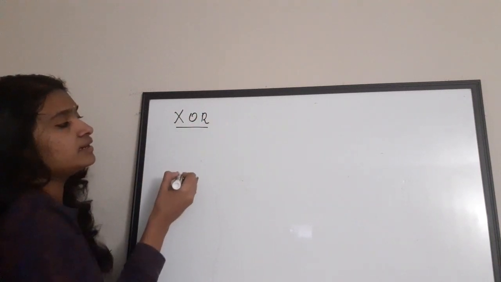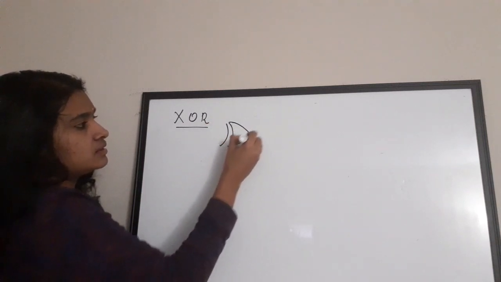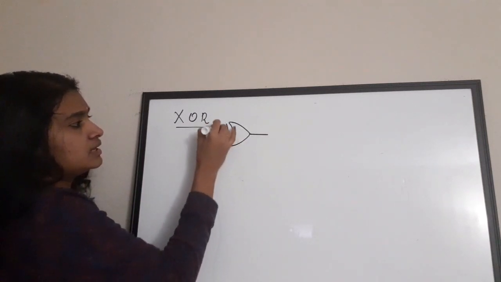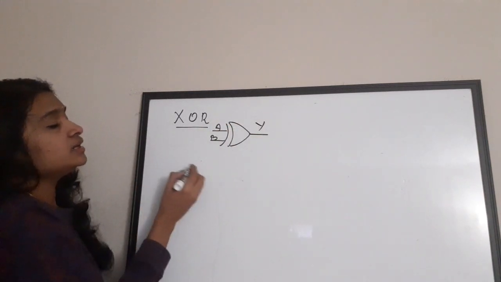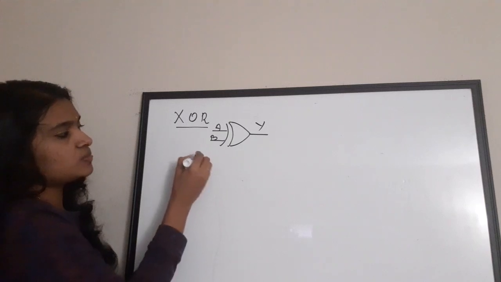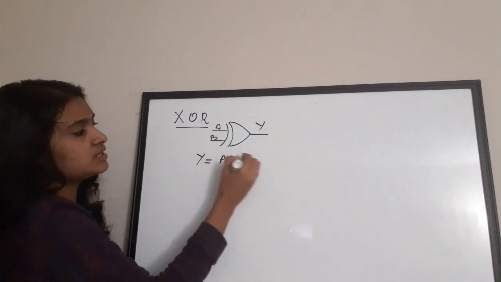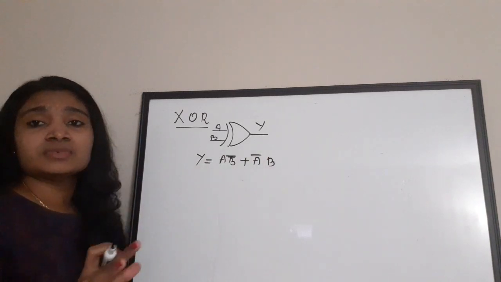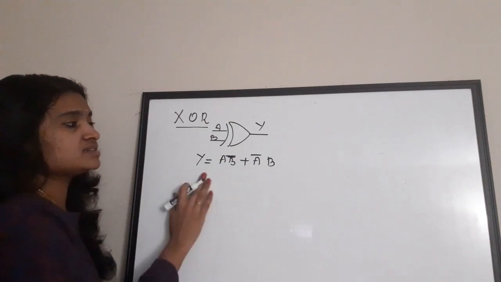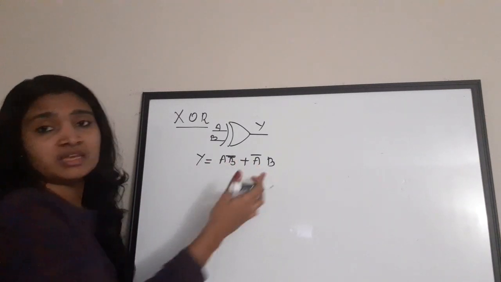It is represented like this: A, B and Y. This is your XOR gate. Now the equation for XOR is Y is equal to A B bar plus A bar B. This equation you need many times, so just study this if you don't know. A B bar plus A bar B is your equation.